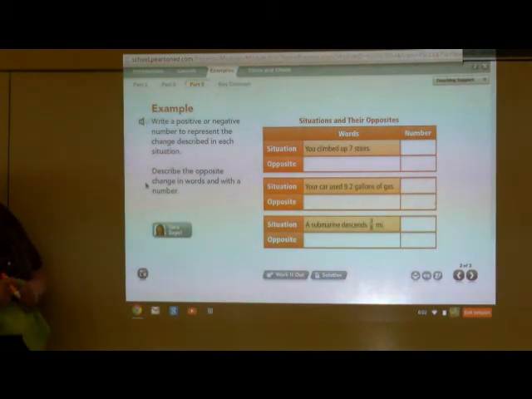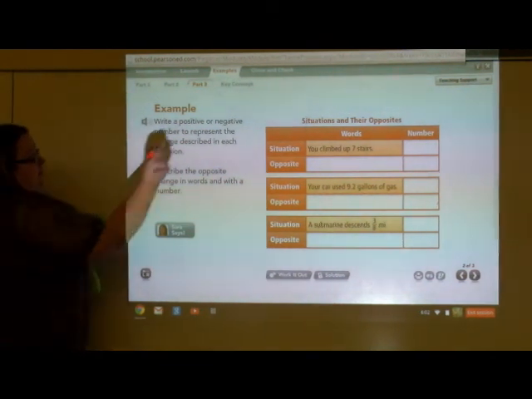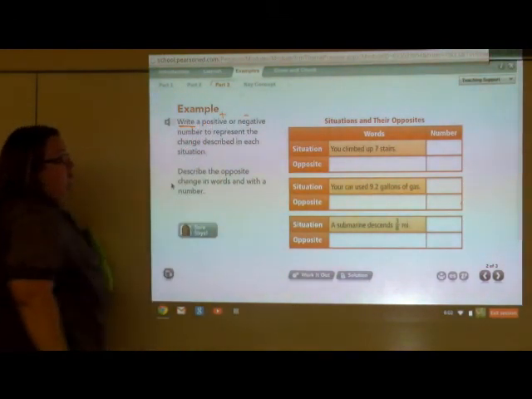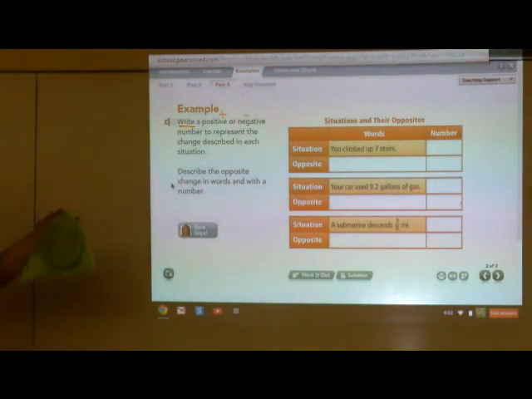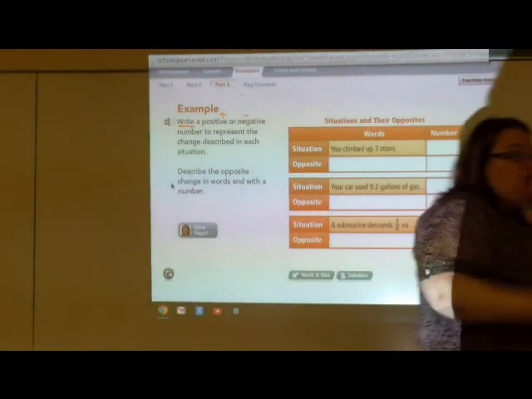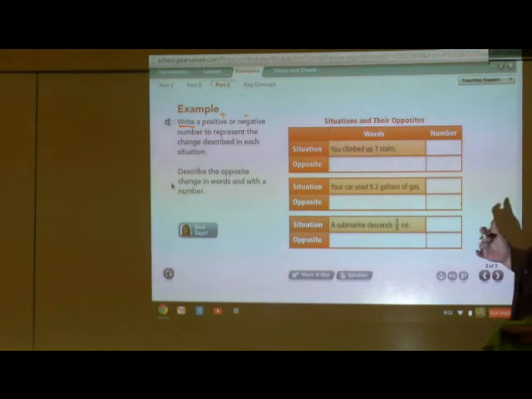Write a positive or negative number to represent the change described in each situation. Describe the opposite change in words and with a number. So it's asking us to write a positive or a negative number to represent the change being described in the situation. This situation says you climbed up 7 stairs.